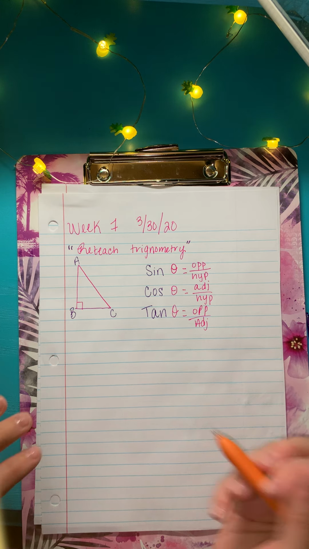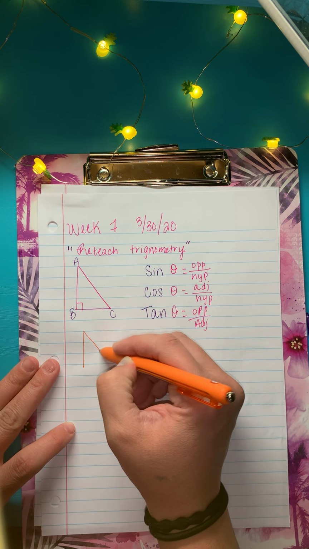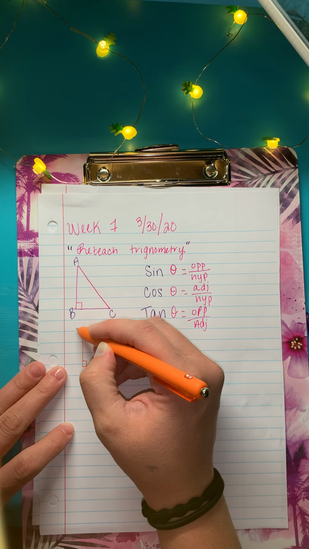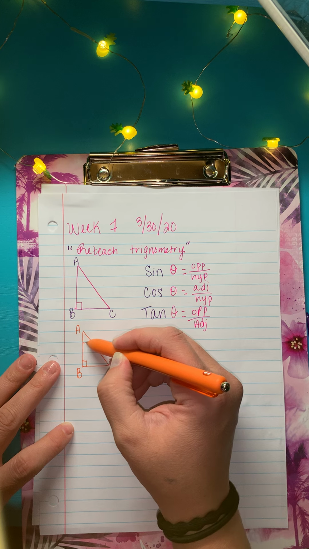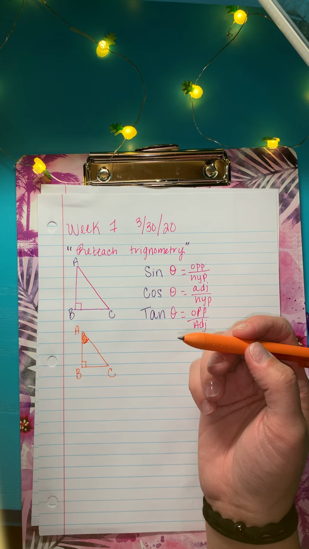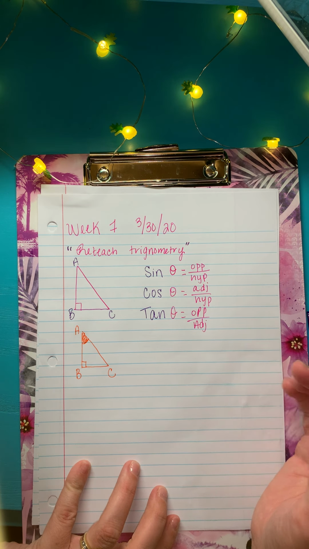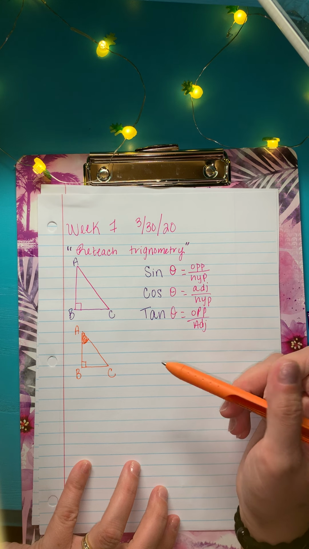So if we're looking from angle A's perspective, we'll just redraw that real quick. That will help us. We'll be able to write on it. So if I'm looking from here, angle A, I want to identify what sides are going to be opposite.